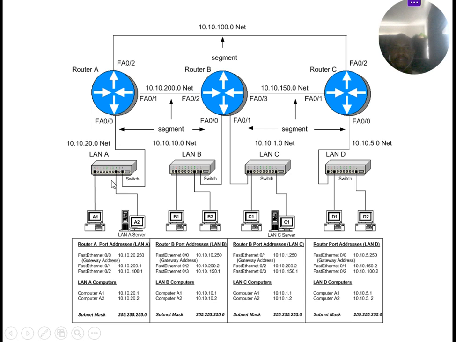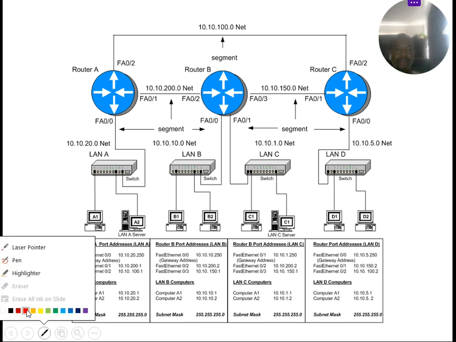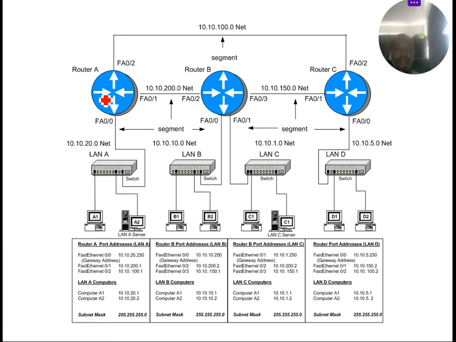Let's see if we can take a highlighter. This is LAN A. Now this LAN A has a default gateway from here to the router, which is 10.10.20.0.